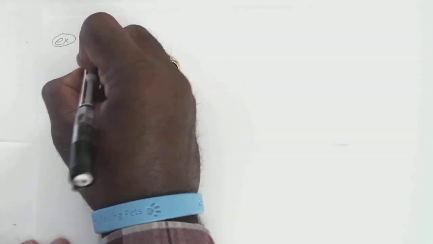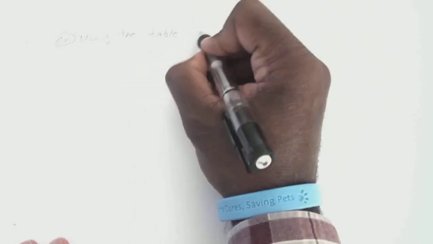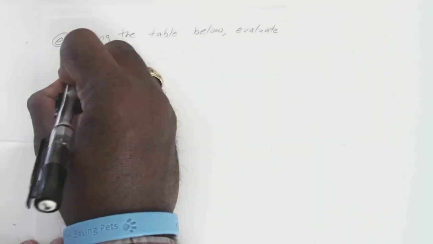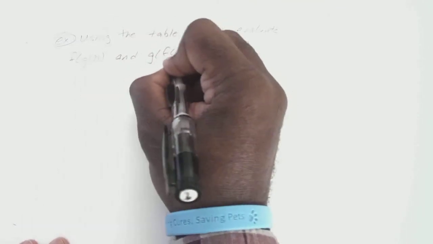Okay, so let's say, for example, using the table below, evaluate f of g of 3 and g of f of 3.